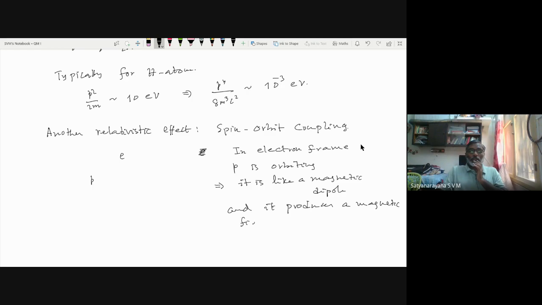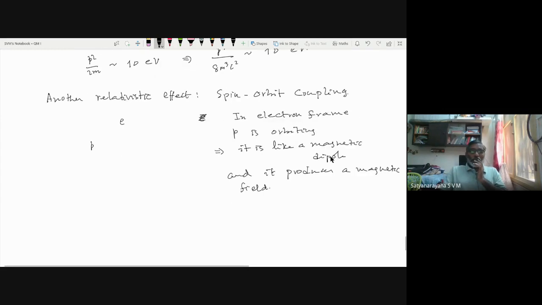Now let me write this magnetic field B prime as minus 1 by c square into the velocity of the electron cross the electric field due to the proton. So one can write it in this fashion.